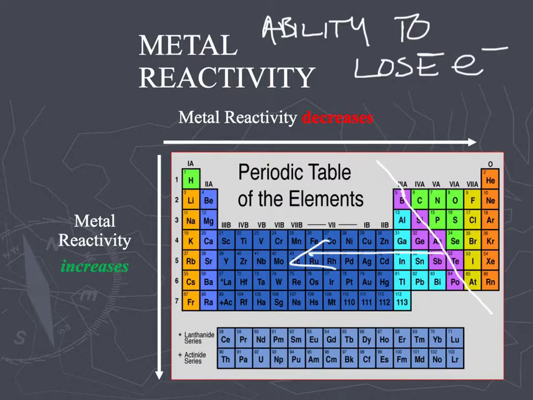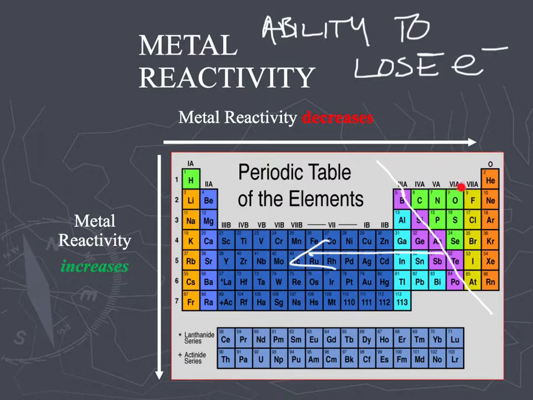And therefore, there's a couple of things going on. Remember, the metal wants to lose electrons, but as we go from left to right across a period, the desire to lose electrons is reduced. So this wants to lose electrons, these want to lose electrons, until you get to about here. And now the tendency is, okay, I don't want to lose electrons anymore.